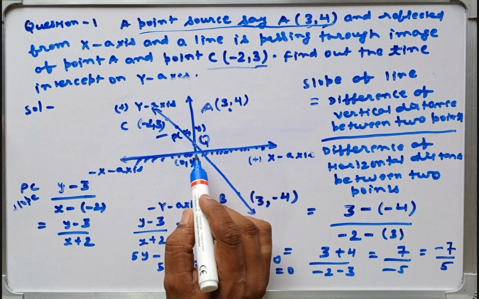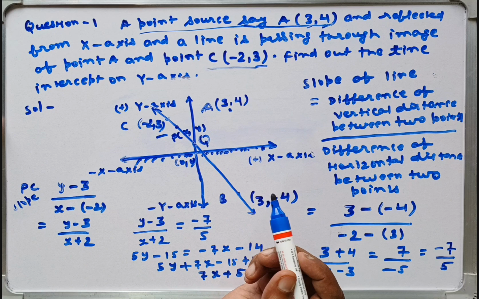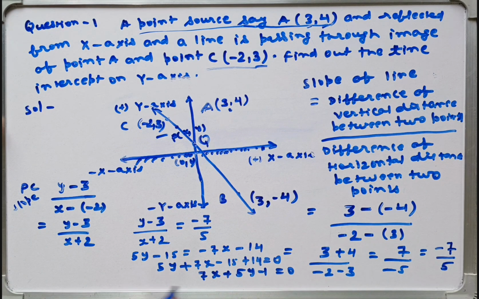So if we put x equal to 0 in this equation, we get 7 into 0 plus 5y minus 1 equal to 0.